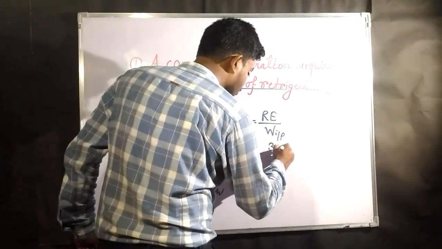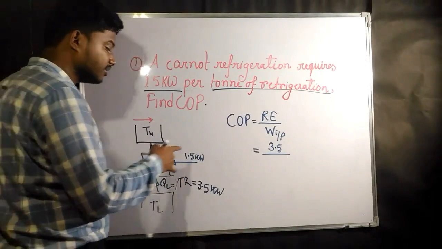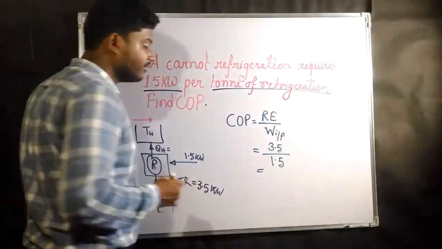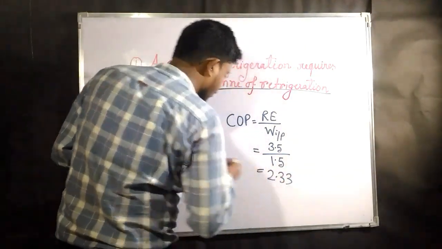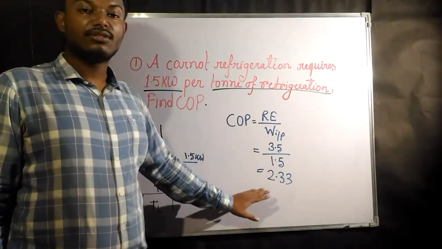The work input is 1.5 kilowatt. So 3.5 by 1.5 gives 2.33. This is a very basic way of finding the COP.